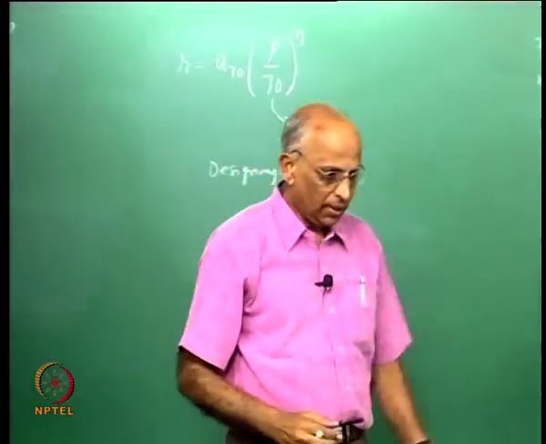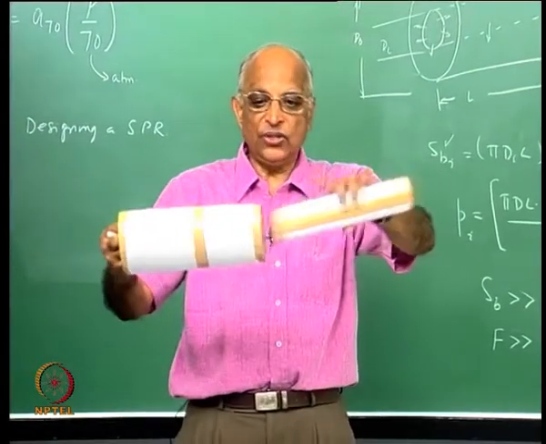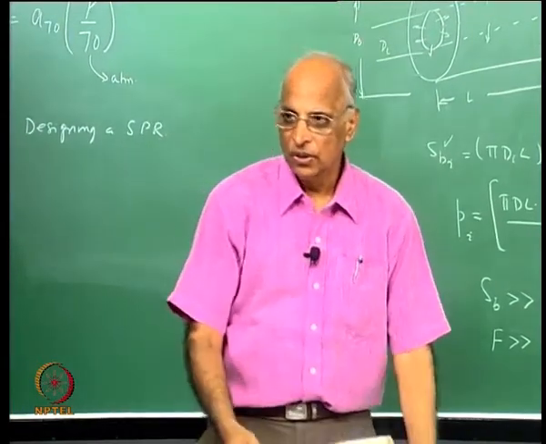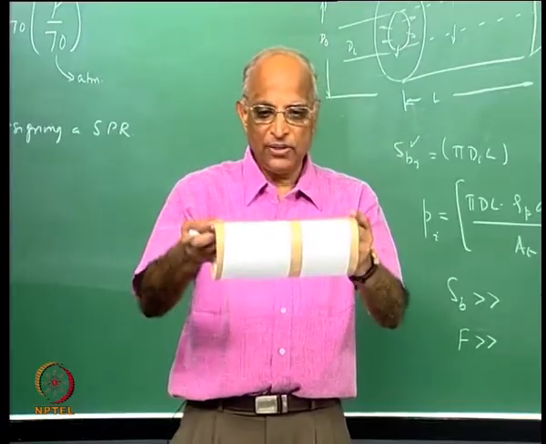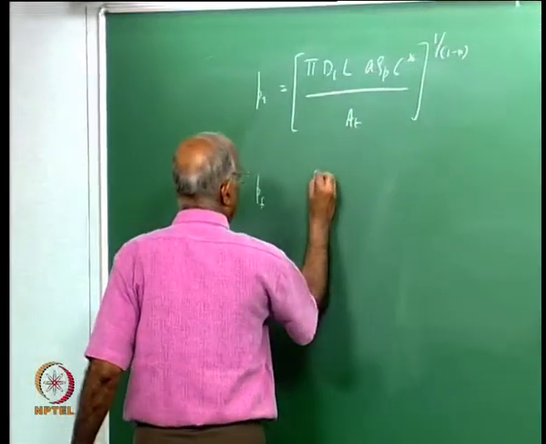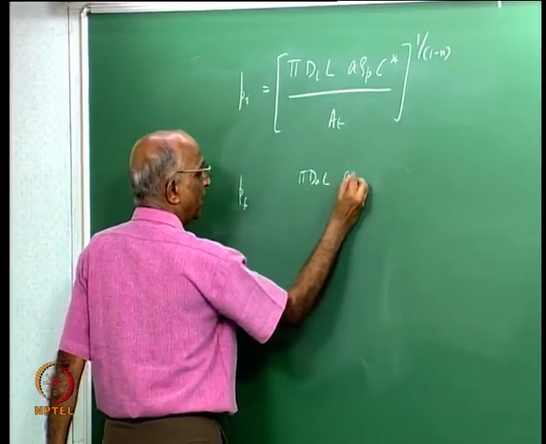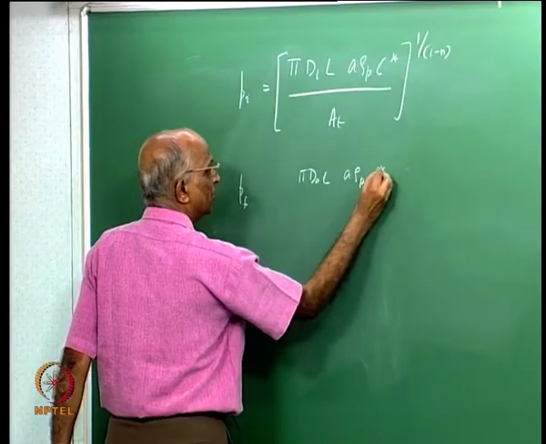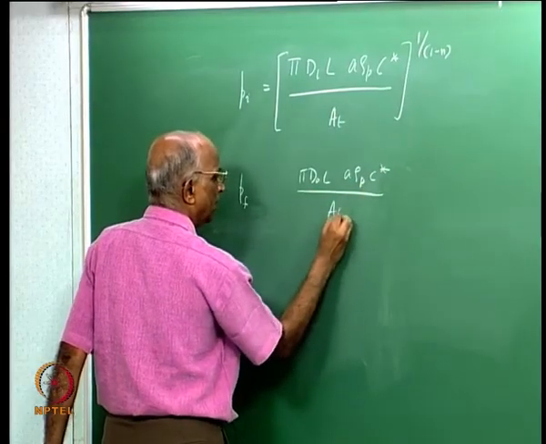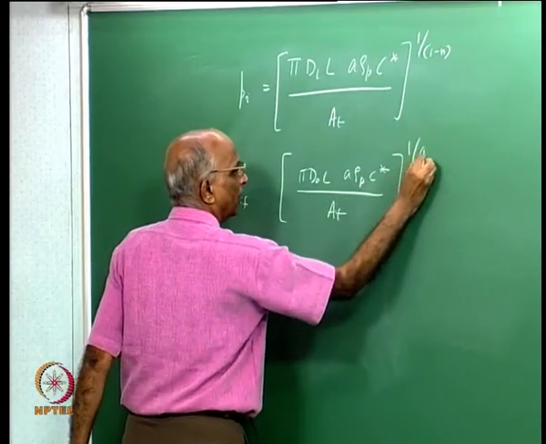In other words, the burning progresses from the inner cylinder and reaches the outer cylinder. The final value of burning surface area is going to be pi d_o, the perimeter, into L, the final burning surface area, a rho_p c star divided by A_t to the power of 1 divided by 1 minus n.